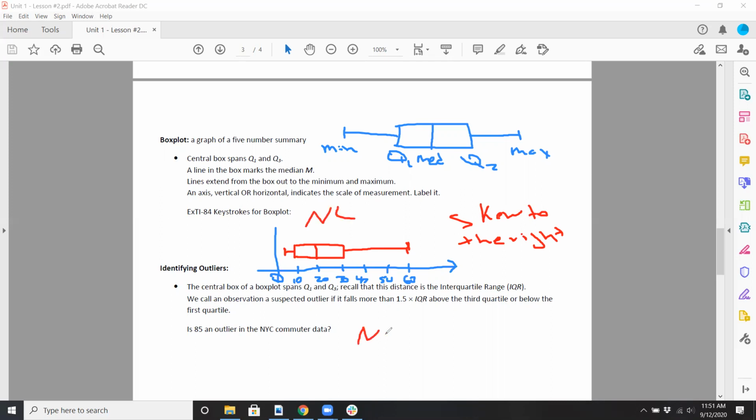Now for New York City, and actually I'm going to try to stack it appropriately right below the other one. Or actually, let's be smart about this.